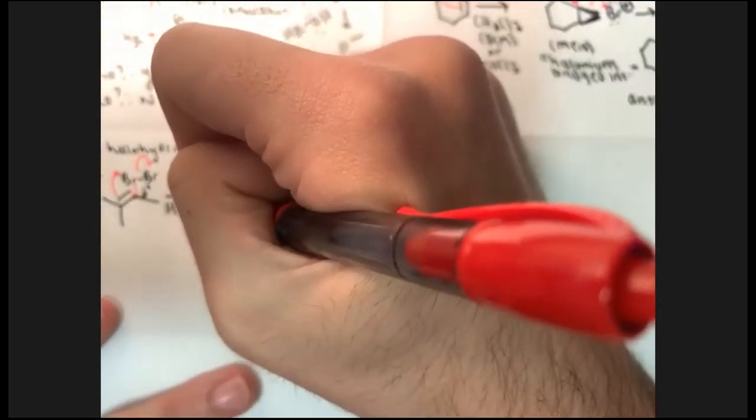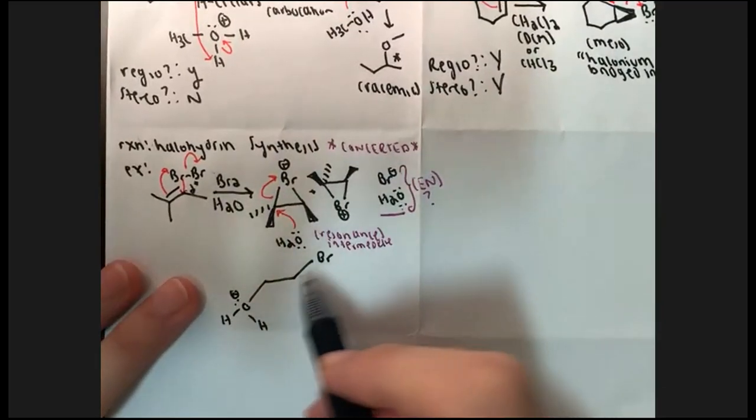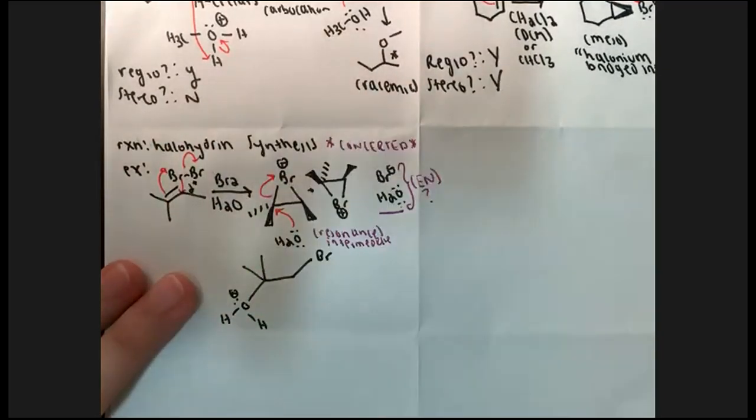So let's draw that. This water comes in and attacks at that position. Then it exceeds the octet, so we break that carbon-bromine bond. Essentially what we get is this trans arrangement. Remember I said that? This is the trans arrangement that we've been getting, and it's trans with respect to the incoming water group and the bromine that was also there. So I'm just going to draw these methyl groups back the way that they were.